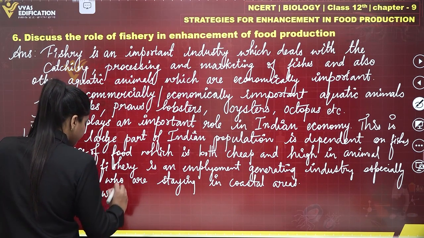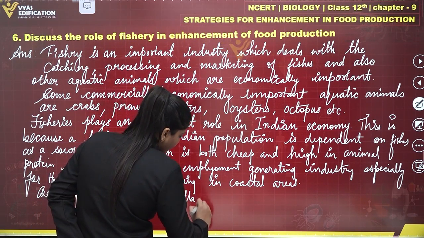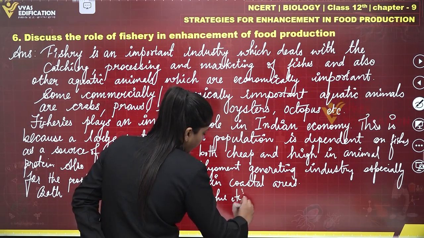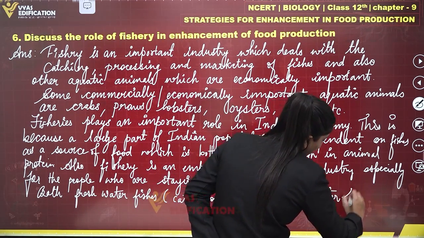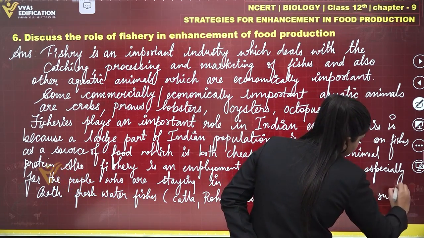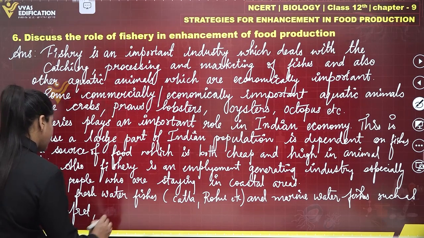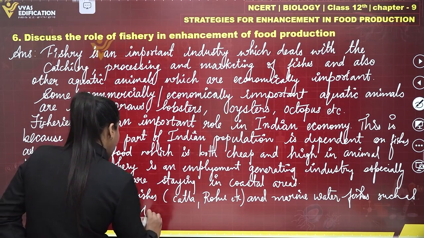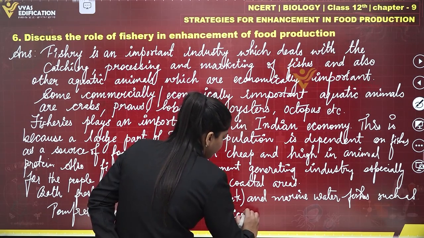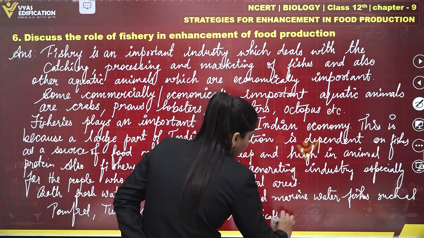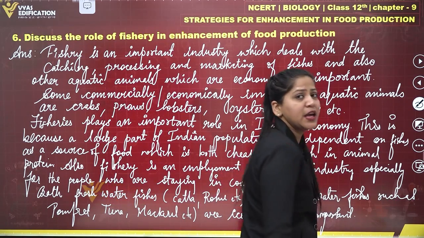both freshwater fishes such as katla, rohu, etc. and marine water fishes such as pomfret, tuna, mackerel, etc. are economically very important because they have very high economic value.